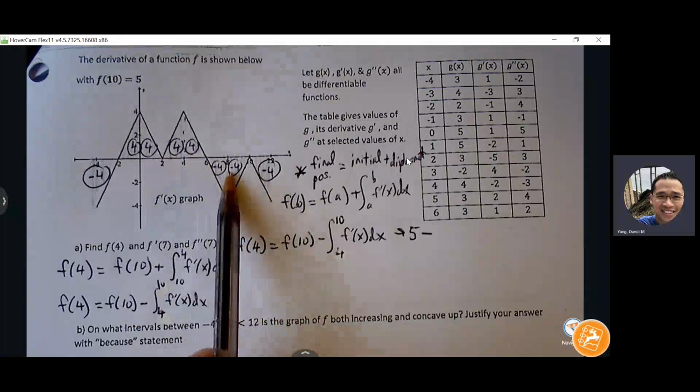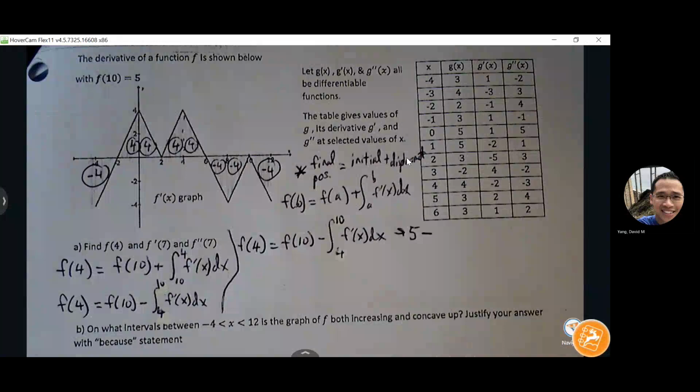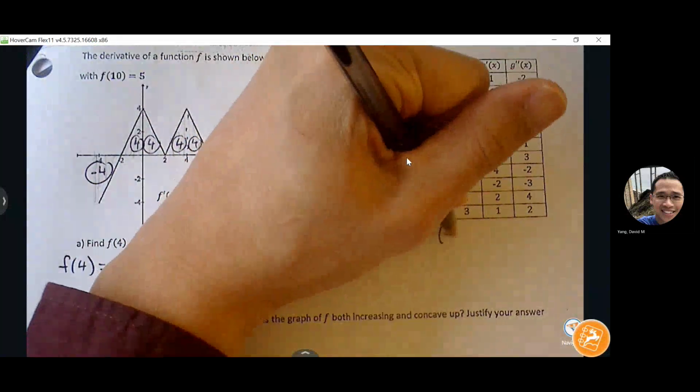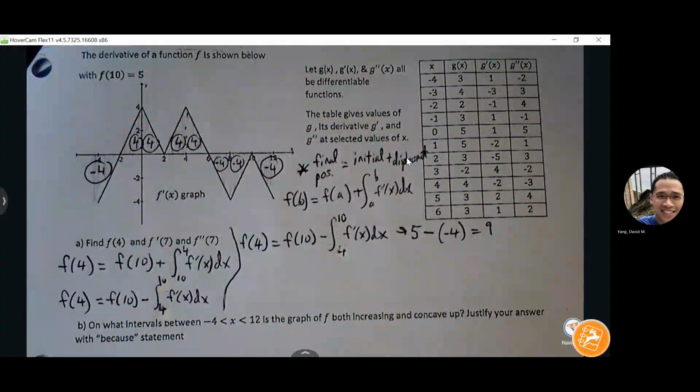So it's 4 minus 4 minus 4, which is -4. So f of 4 equals 9.